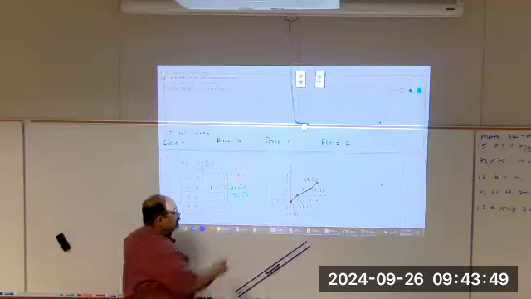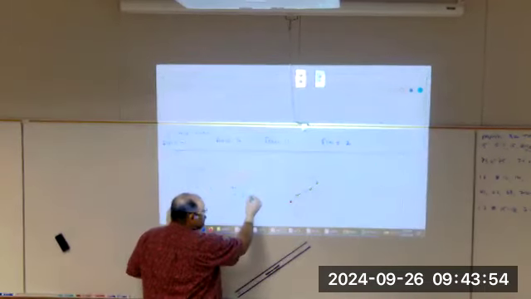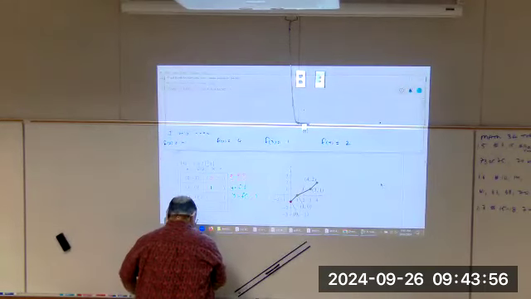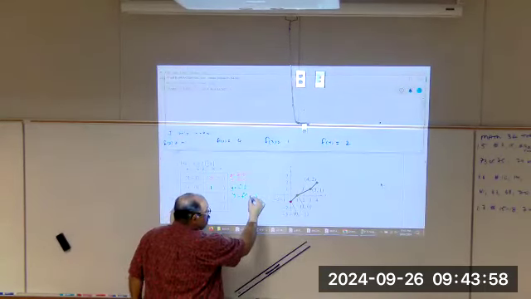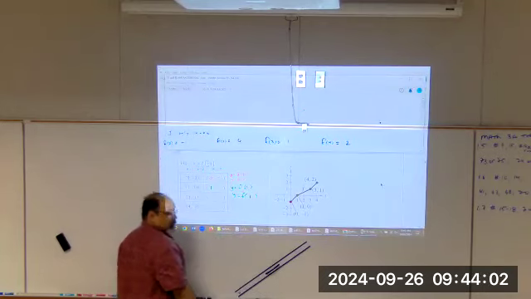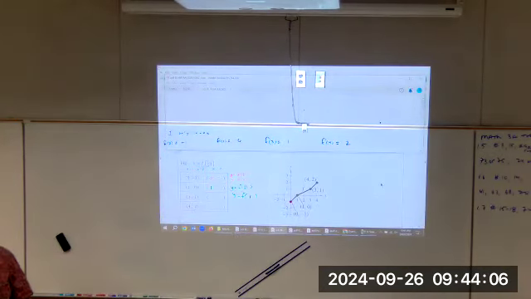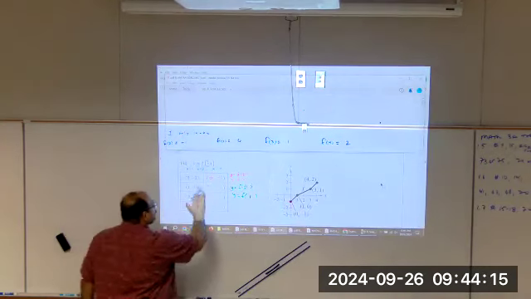I want to take f of 1 after I take half of something. Half of what number is 1? What is 1/2 of it? 2. So what x do I need to actually start with?